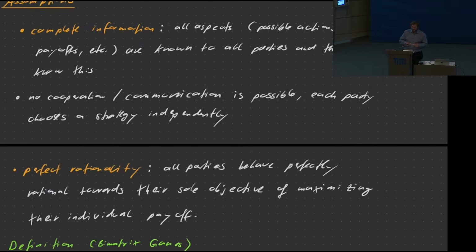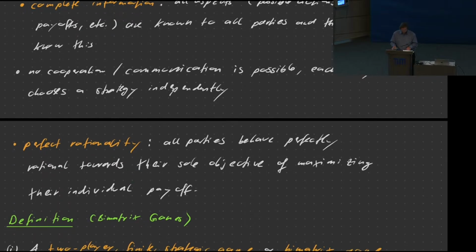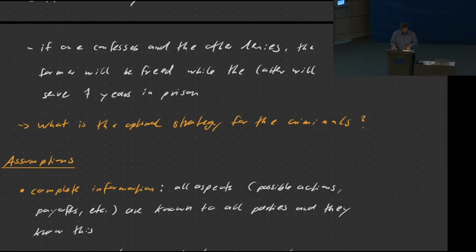So that means all parties behave completely rational, and their sole objective is maximizing their individual gain. They don't care about the rest of the world. All right, so as long as we have these assumptions here, well, what should those criminals do?